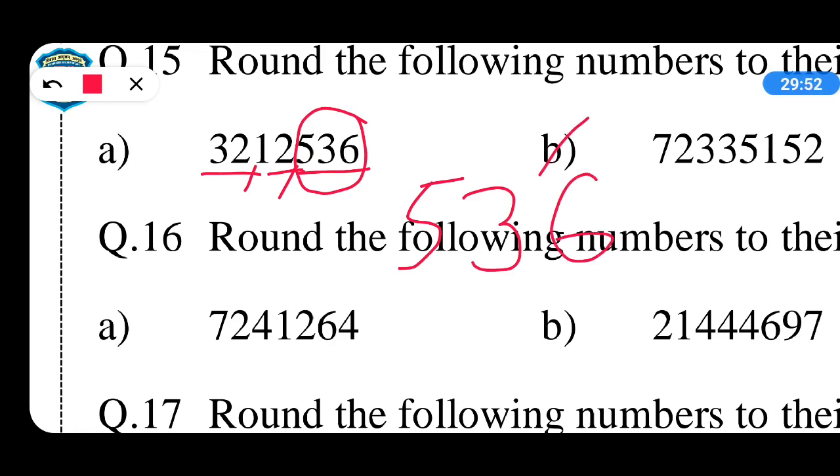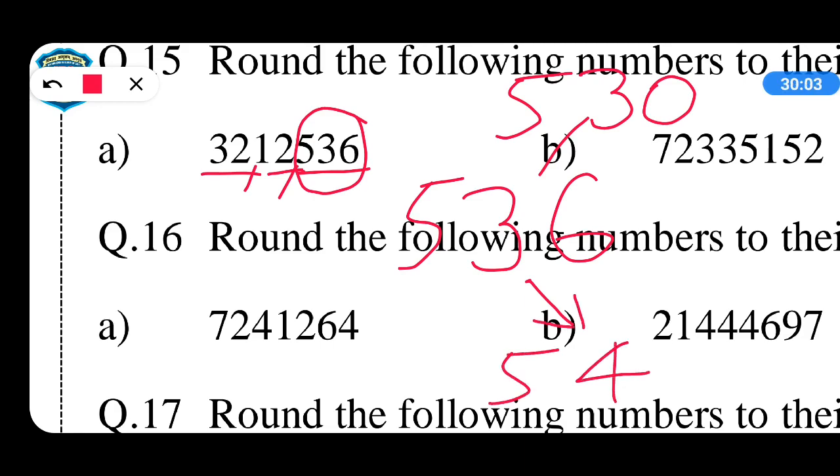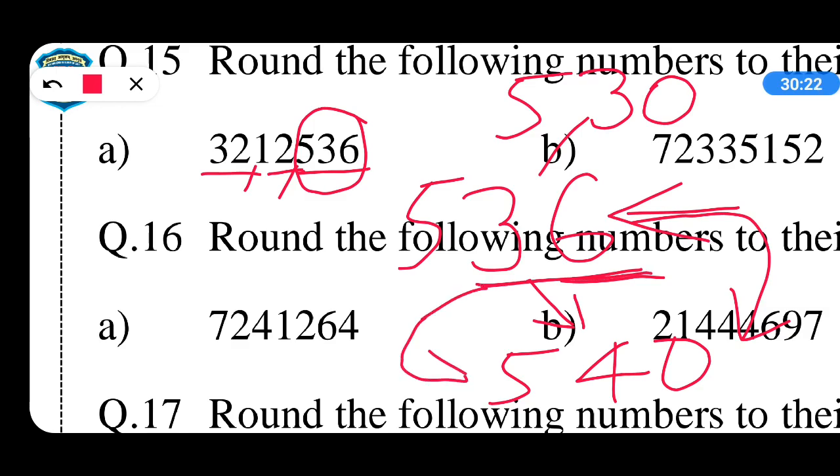The tens before 536 is 530, right? And after this number the next ten comes, 540, right? So first you have to see what this digit is. This is 6. It is 5 or more than 5, then it moves to the next number, right? So it is 36. So this will become 540.